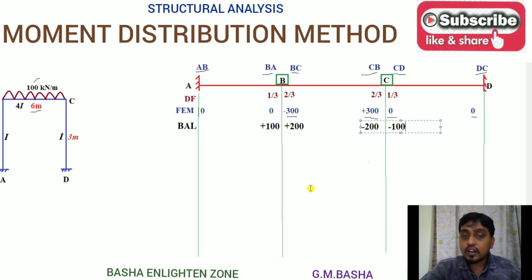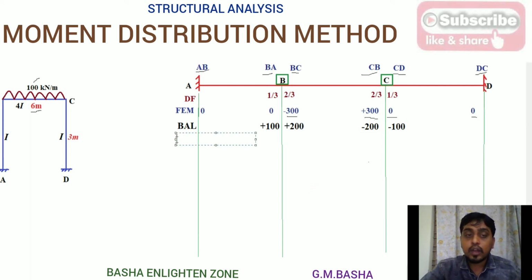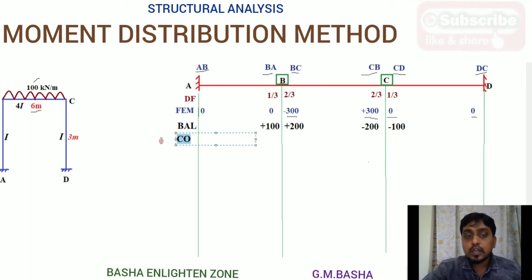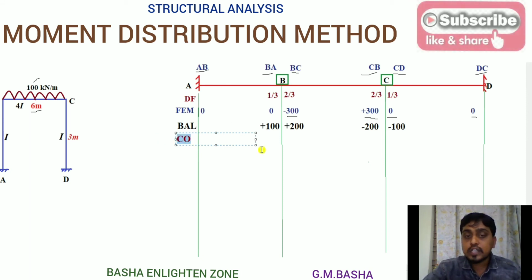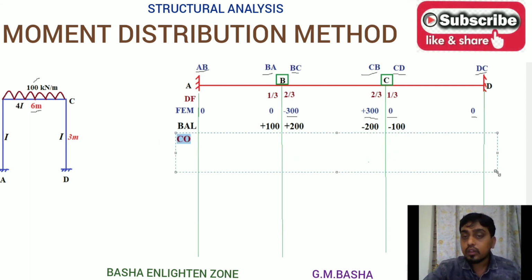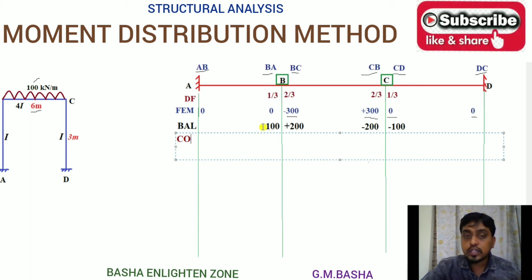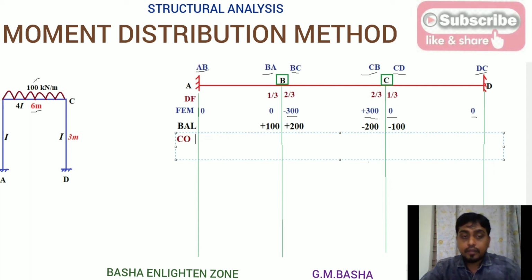Then after completion of this step, immediately you can go for the carry over step. So already I told you so many times, balancing takes place at these joints, carry over within the span. See here there will be 100 kilonewtons. So I am carrying exactly half of the moment to its other end, means plus 100 by 2, which is 50 here, that is plus only.